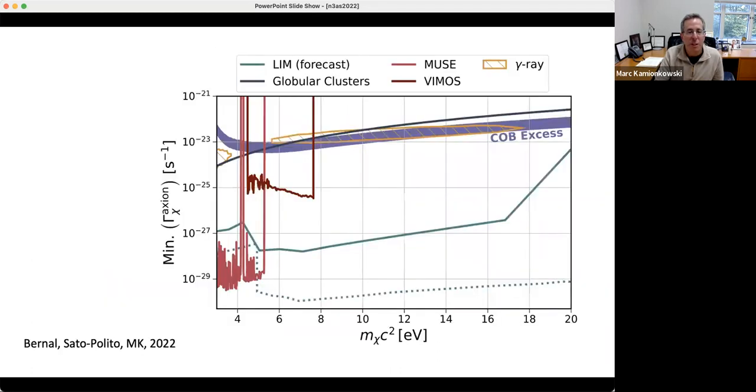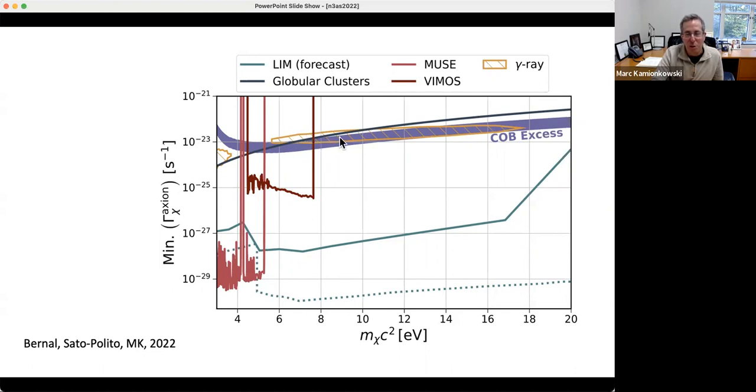And then there is the thing that I started with, the cosmic optical background excess. So if you want to postulate that the cosmic optical background excess is due to an axion that is undergoing two-body decay, such an explanation is in fact consistent with all constraints.